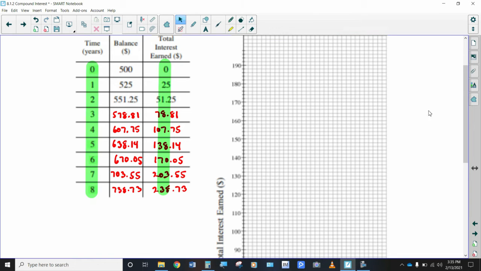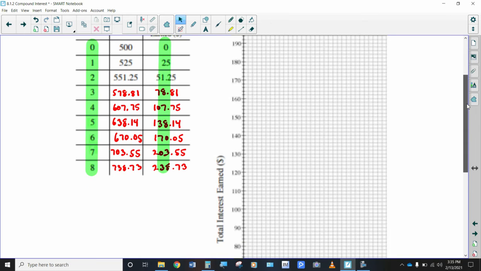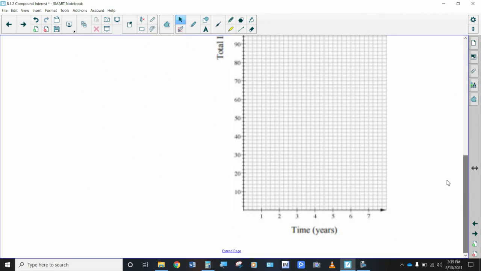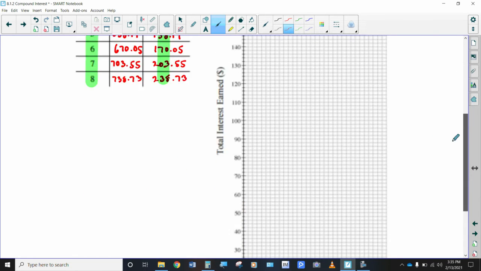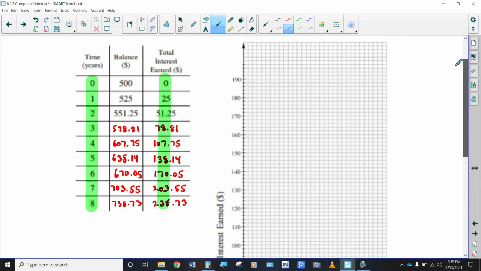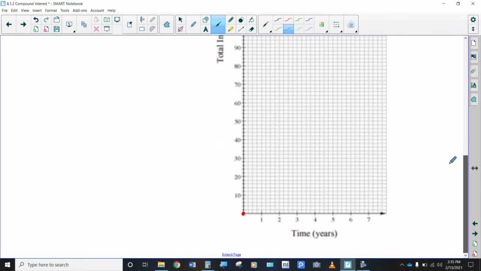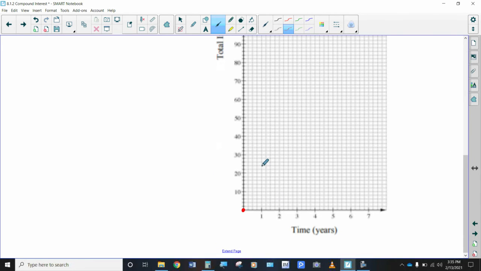So let's go ahead. The first point is 0, 0. I'll do this in red. 0, 0 is right there. And then the next one, it's $25. So after 1 year, you made $25. What is that? 2, 4, 6, 8, 10.